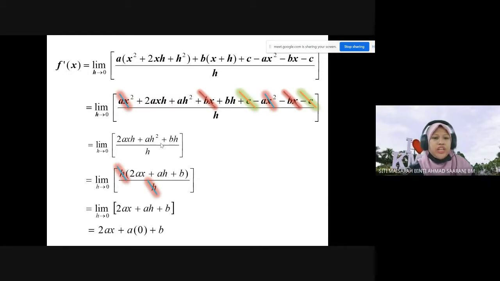So finally we get f prime x is 2ax plus b.